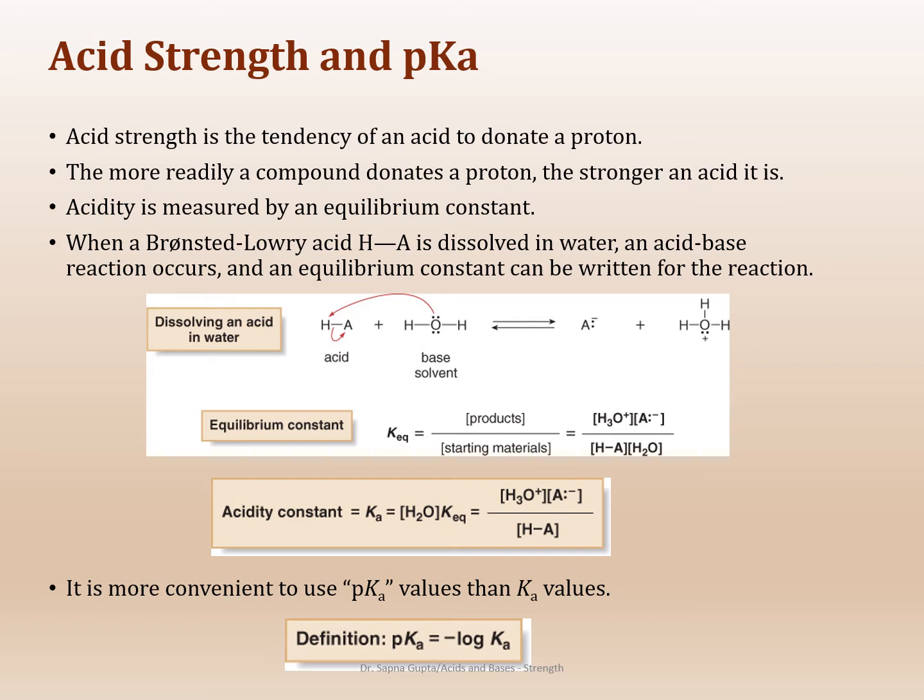In any case, the strength of an acid is determined by the ability of an acid to donate a proton. So the more it can donate a proton, the stronger acid it is.